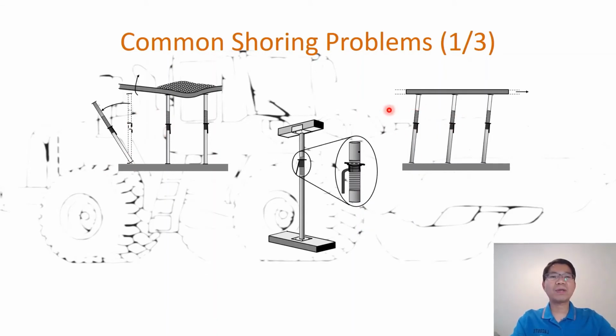Because there is no bracing, it cannot withstand the horizontal load, and then the whole system, including the shore, the formwork, the concrete, and the workers, will collapse. So that is a very dangerous situation. Enough bracing is very important.